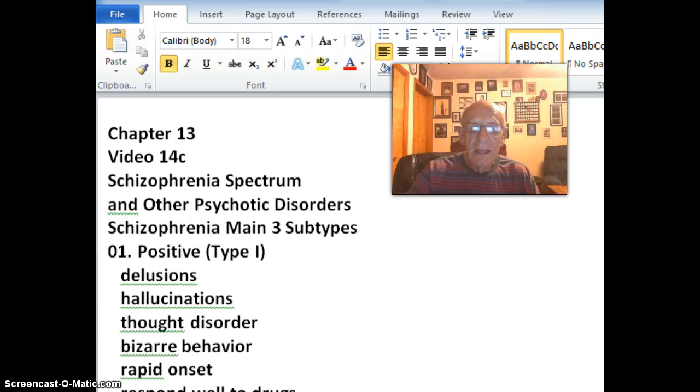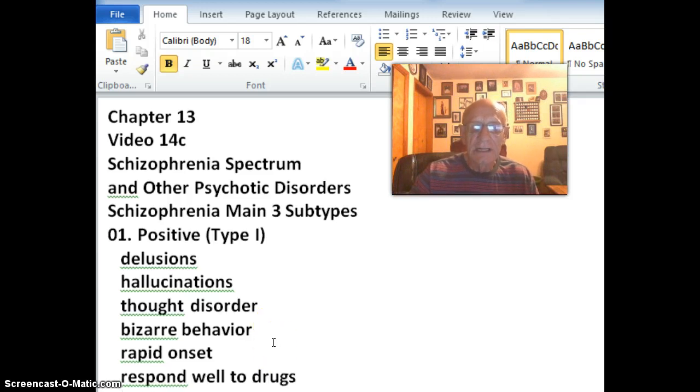To distinguish these two, I want to go through the positive type first, which includes delusions. This is a thought process, and it's not quite like a thought disorder, but it is a delusion: thinking that something is there when it really isn't.